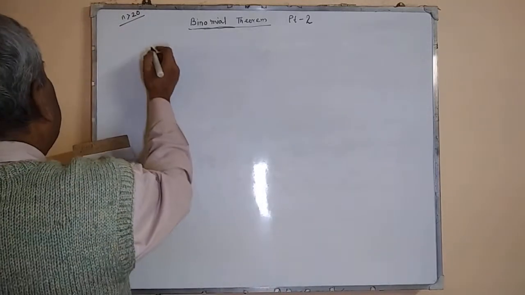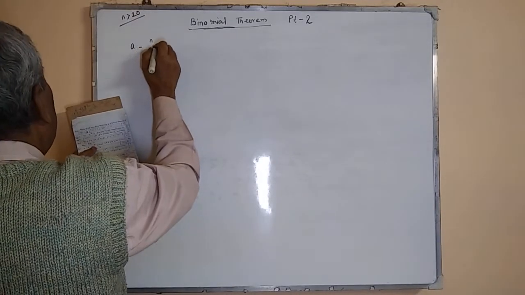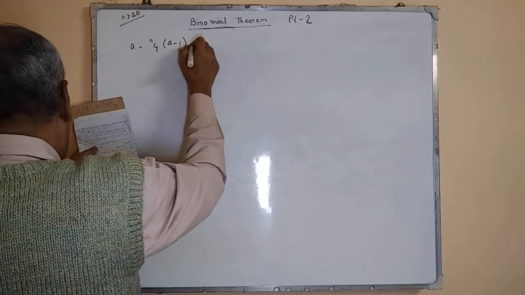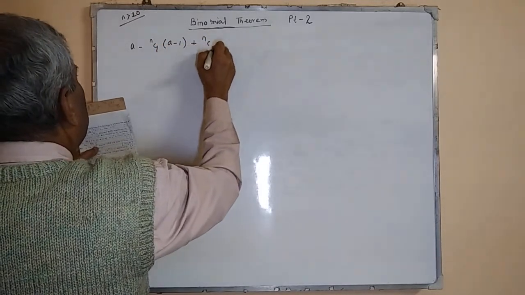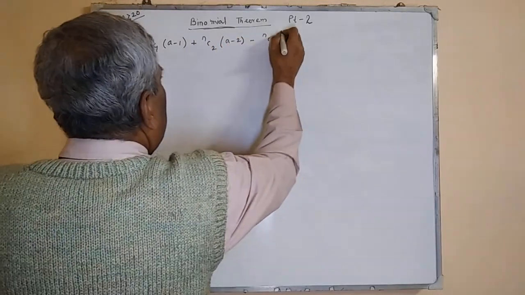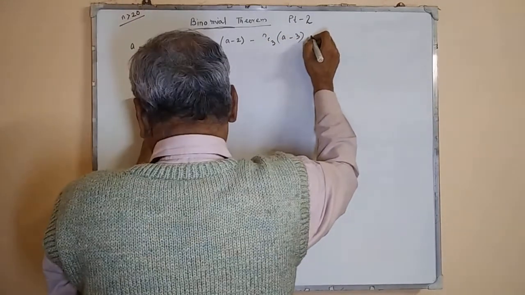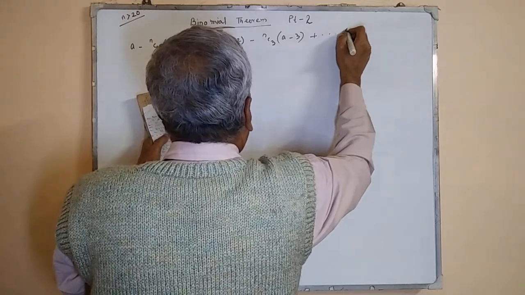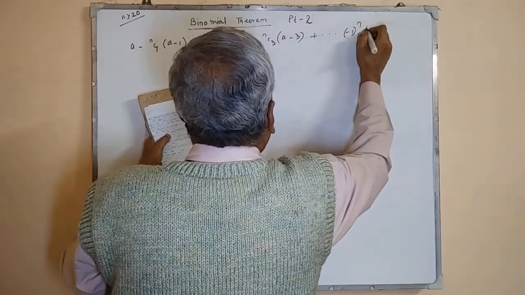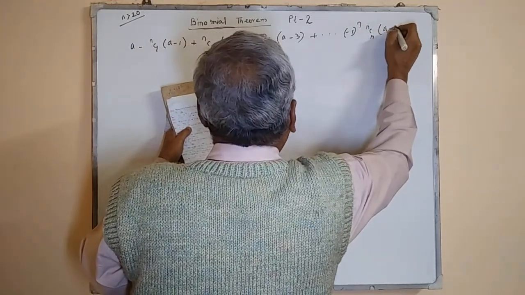The value of a minus nC1 (a minus 1) plus nC2 (a minus 2) minus nC3 (a minus 3), up to (minus 1)^n nCn into (a minus n).